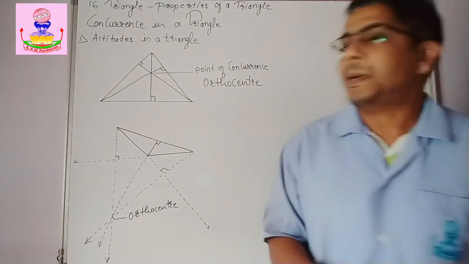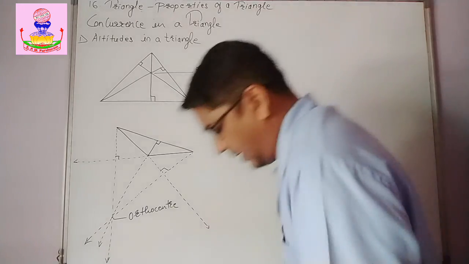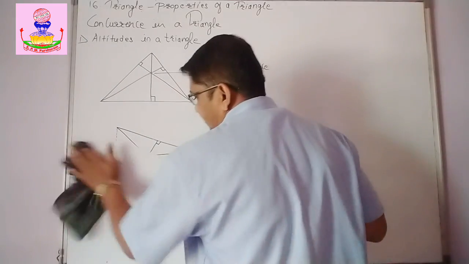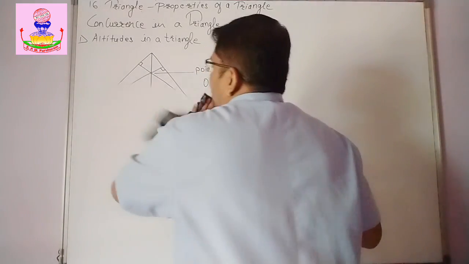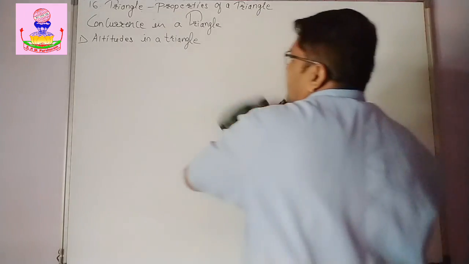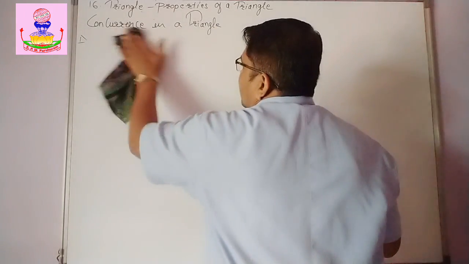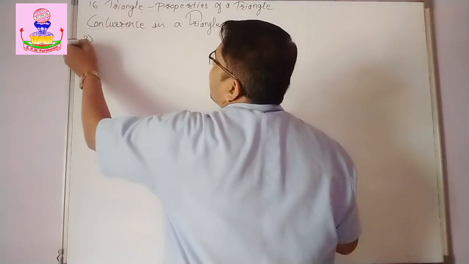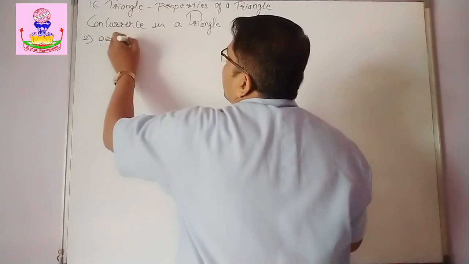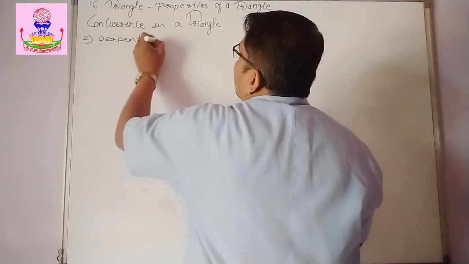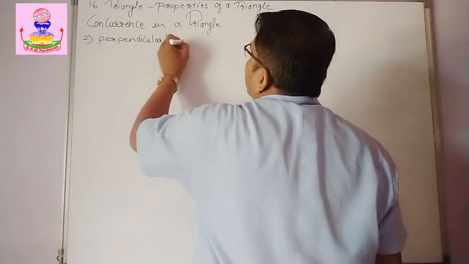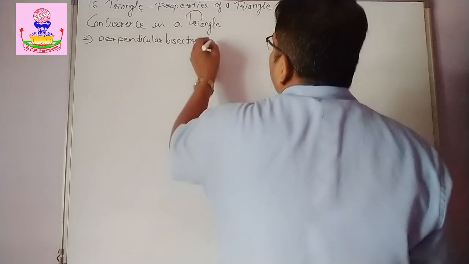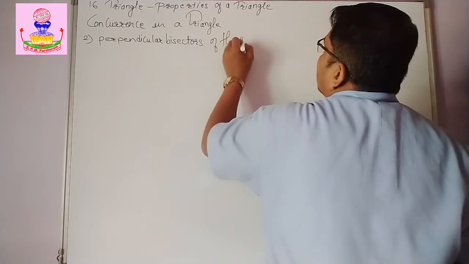Okay, now after these altitudes, let's move to the perpendicular bisectors of the sides of a triangle. So second, perpendicular bisectors of the sides of a triangle.